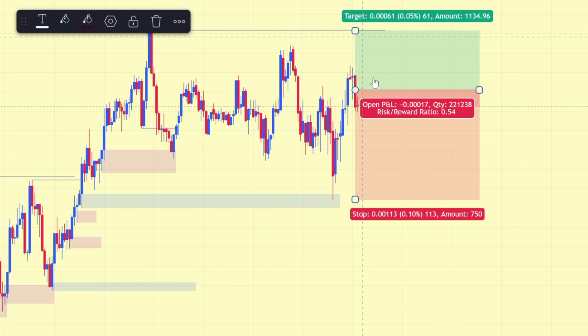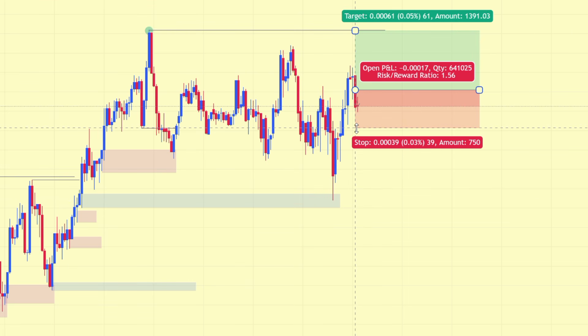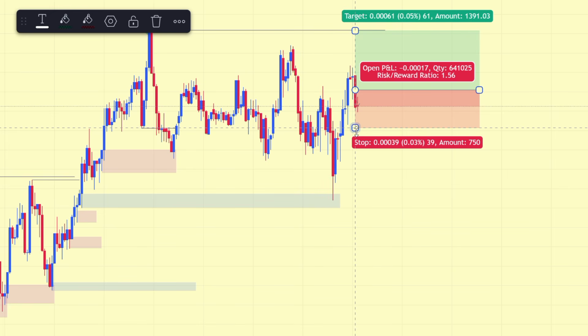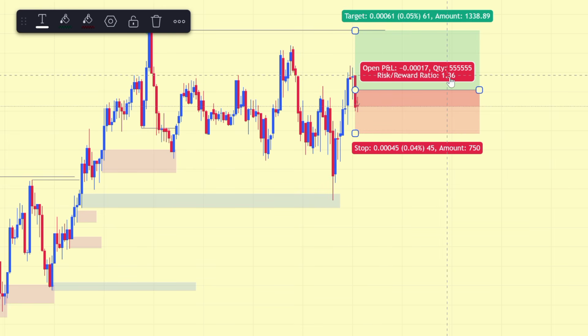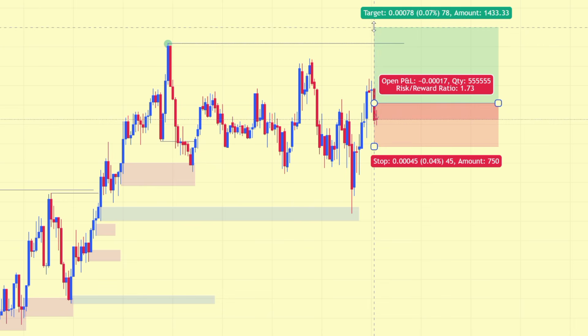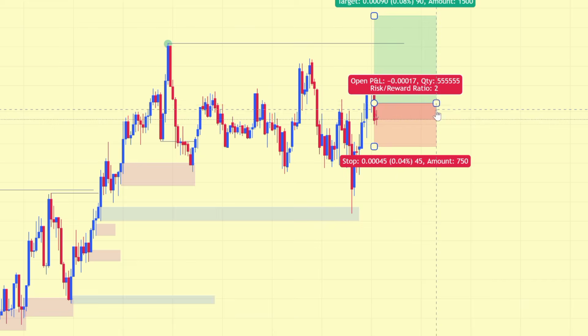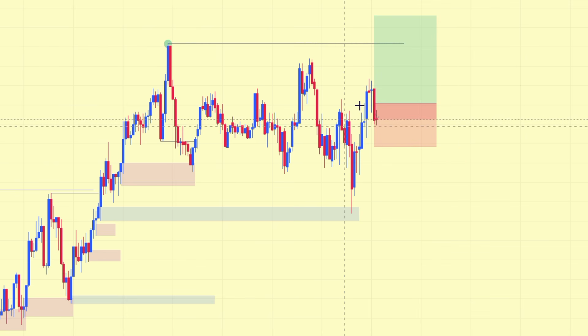So I will not be taking this, unless I decide to go aggressive and place my stop loss on the low of this leg or a few pips below. It will give me an unfavorable risk to reward, but I can extend, of course, to make it work, but I don't recommend the extension. So this kind of price action I wouldn't participate in.